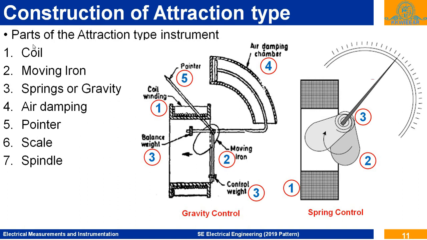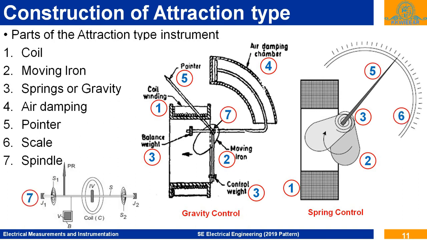instrument. There are various parts of this attraction type instrument. First, there is a stationary coil. This is the stationary coil, the square shape, and this is a vertical cross sectional view of the attraction type instrument.